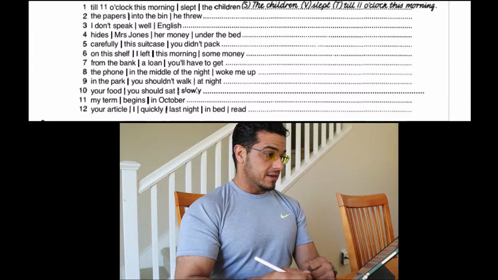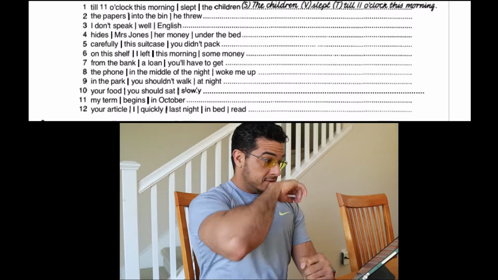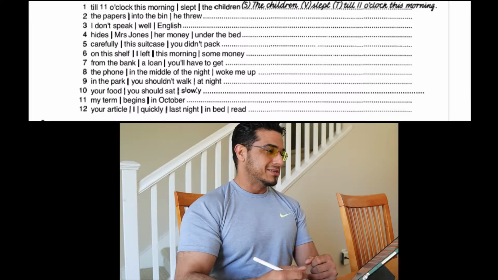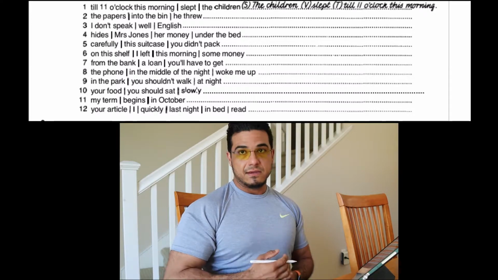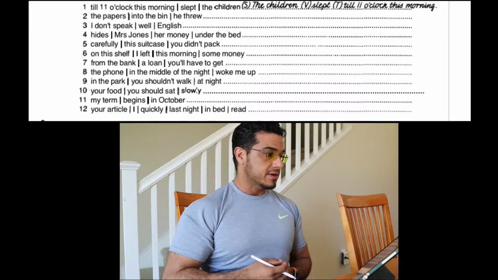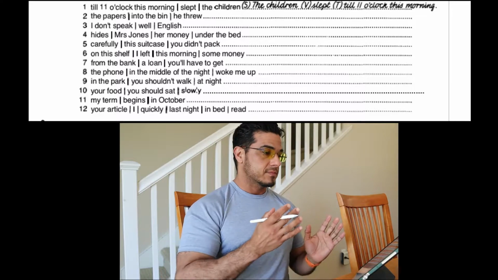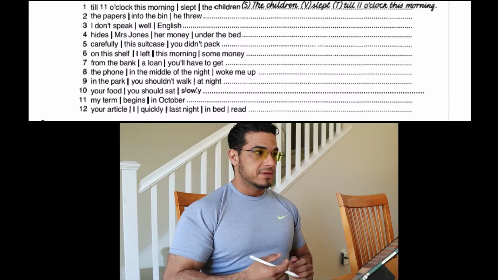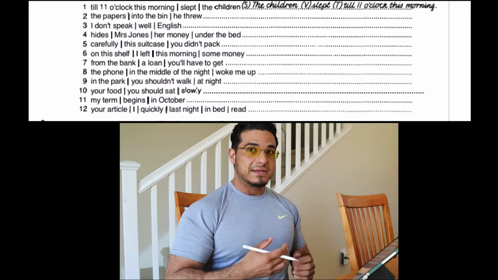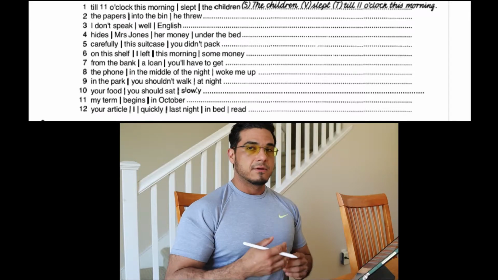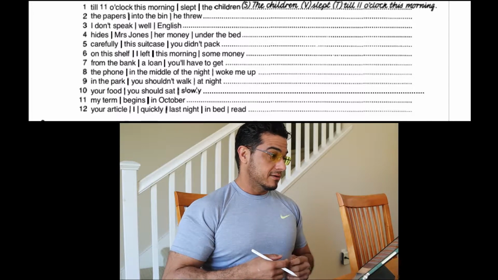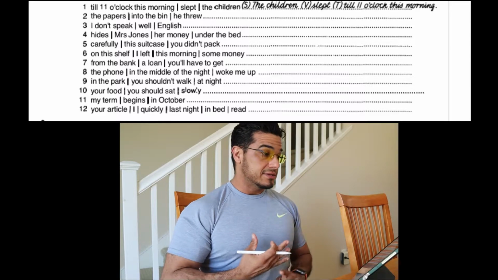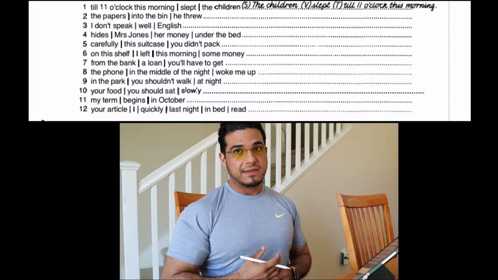All right, let's go ahead and look at sentence number 2, which reads, the papers into the bin and he threw. Sentence number 3, I don't speak well English. Sentence number 4, hides Mrs. Jones her money under the bed, probably because of inflation. Number 5, carefully, this suitcase you didn't pack.